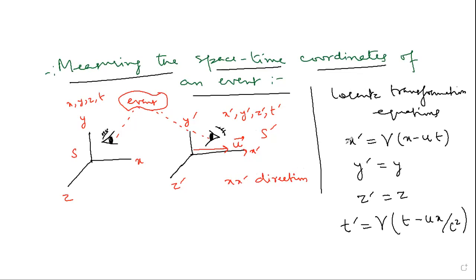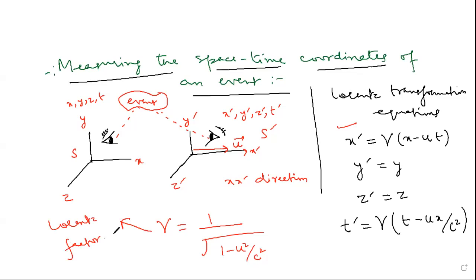Now, the Lorentz transformation equation, which we have listed here, gives us the coordinates of the event as measured by S prime in terms of the coordinates of the event measured by observer S. Here gamma is called the Lorentz factor, and it is equal to 1 over the square root of 1 minus u square by c square, right? So let us continue now.